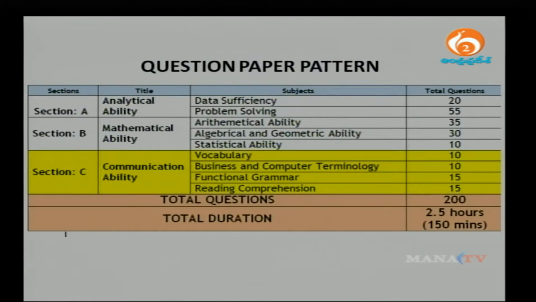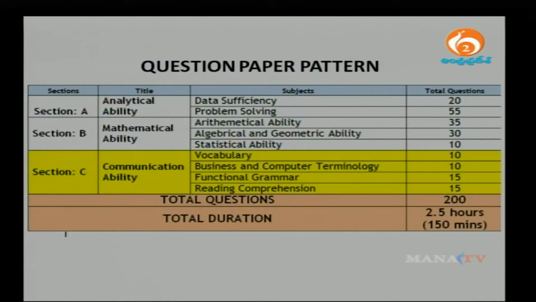Now section C, which I am going to help you with: communication ability. It covers vocabulary, business and computer terminology, functional grammar, and reading comprehension. Vocabulary and business and computer terminology, you will have 10 questions each. Functional grammar and reading comprehension, you will have 15 questions each.